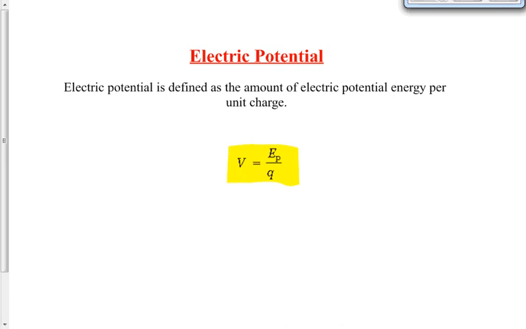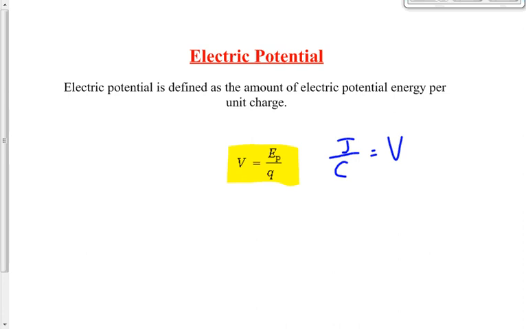What do you think the units for electric potential are going to be? Joules per coulomb, right? Energy per coulomb of charge, joules per coulomb. But there is a way to abbreviate that. There is a way to shorten joules per coulomb into a volt. 1 joule per coulomb is the same as 1 volt.